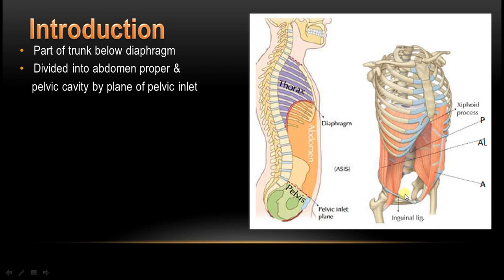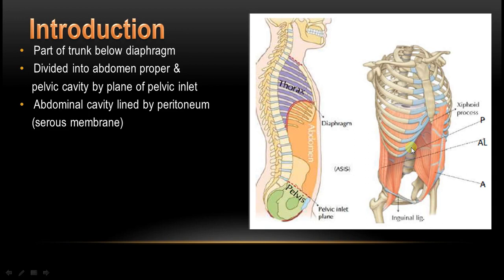So the cavity is lined by a serous membrane which is called the peritoneal membrane, a double layered serous membrane.